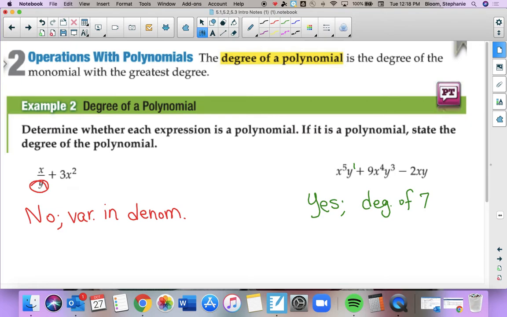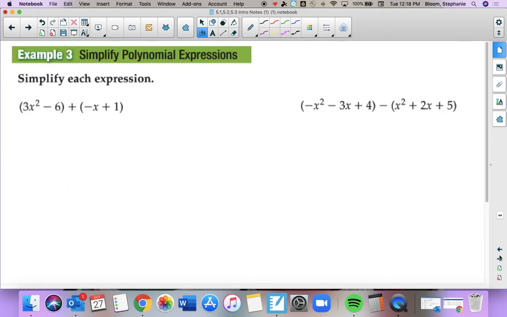All right, so let's turn your notes over. Now we're going to add and subtract. Reminder, when you add and subtract, you only add and subtract things that are alike. I want you to do both of these on your own because I think we can do these. And then I want you to check up here and see if you got them right.